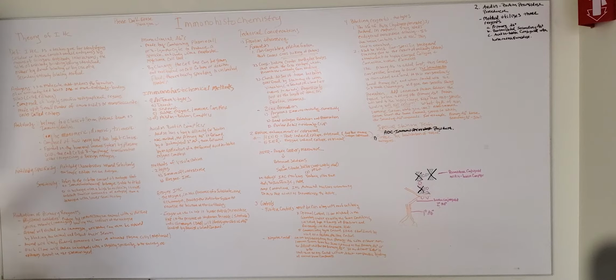Production of primary antibodies. All right, so we have two different types of antibodies. We got monoclonal and polyclonal. Polyclonal antibodies are produced by immunization of an animal with a purified specific molecule, an immunogen, bearing the antigen of interest. Animals will respond to the immunogen.